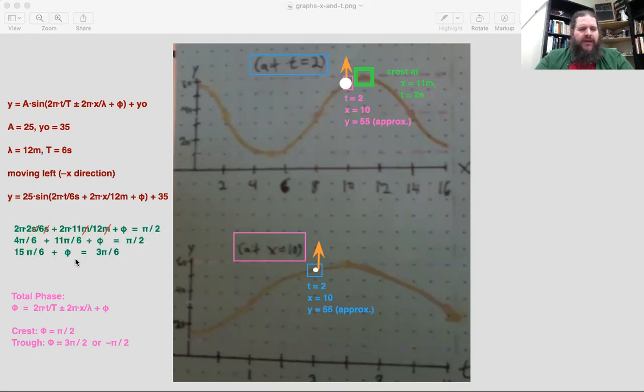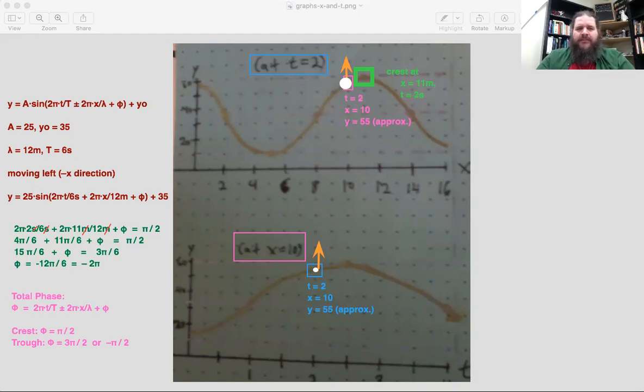And then how would we isolate phi? Can just subtract 15 pi over 6 from both. Yeah, and 3 minus 15 would be negative 12. Looks like that reduces to negative 2 pi. So that's a phi value we can use.